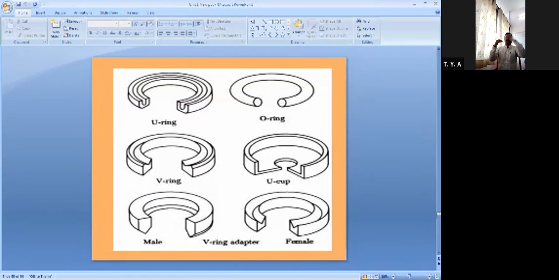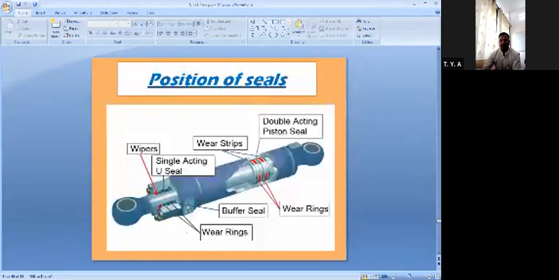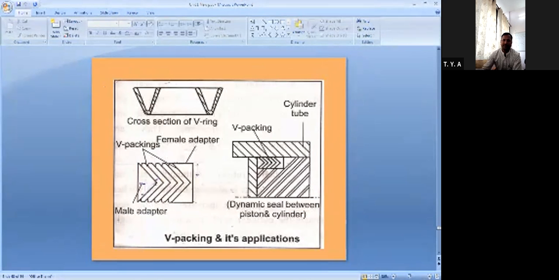If you cut that seal, then you will get a V shape, like this, for the female and the male. Same way I have shown here. This is the male part, outside you will get that shape, and this is the female part where the V ring shape you will get inside.